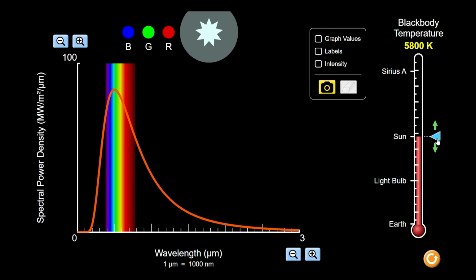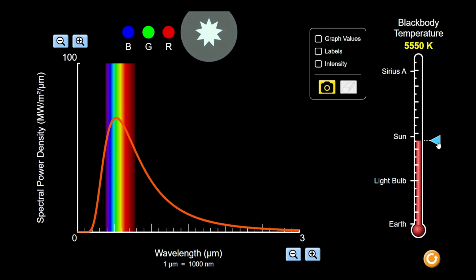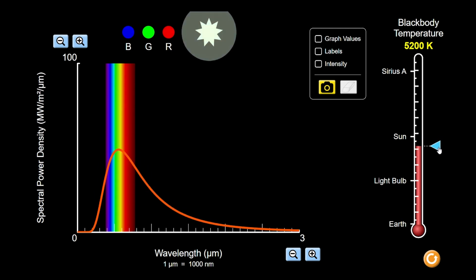If I were to lower the temperature, so I'm going to come over here and lower the temperature, notice that two things are happening. One is that the curve is decreasing at all wavelengths. So I've lowered the temperature to 4,750 Kelvin, and notice that we're giving off noticeably less radiation at all wavelengths, less ultraviolet, less visible, and less infrared.